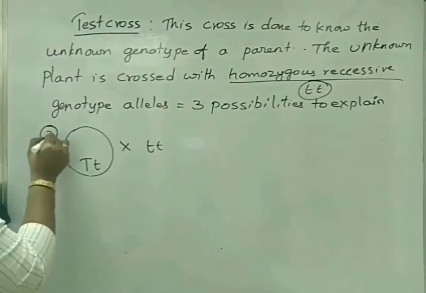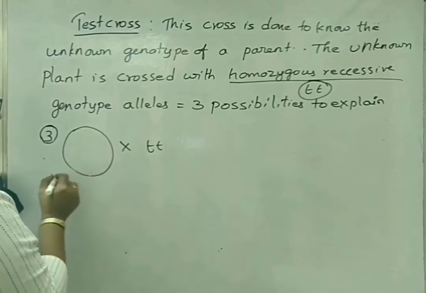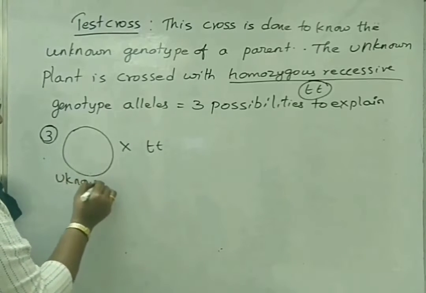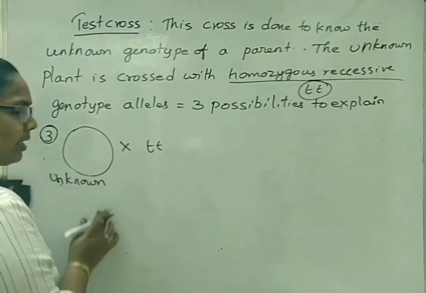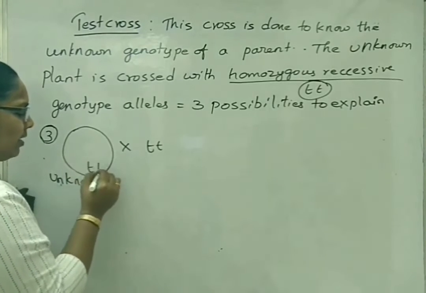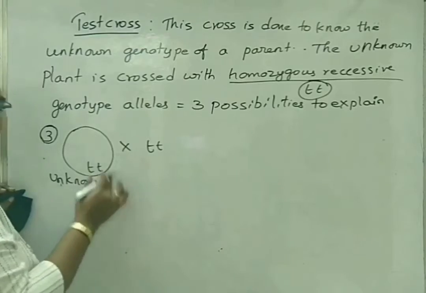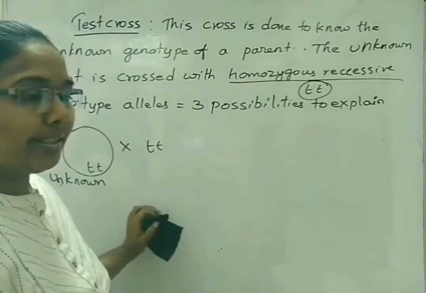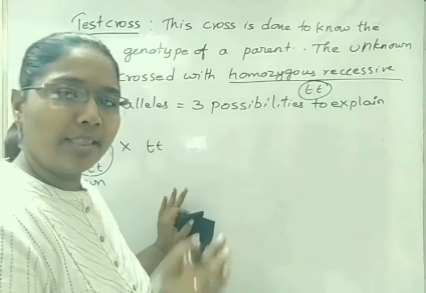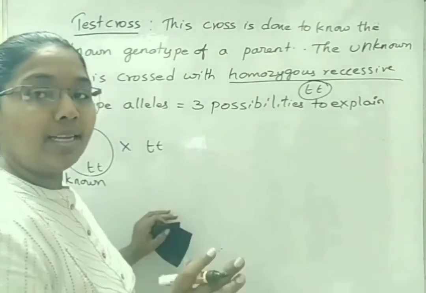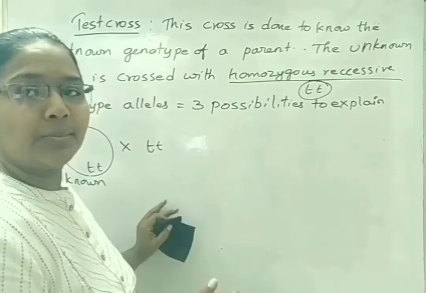The third type of cross is again unknown. Suppose, think that this unknown has the alleles like this, but we don't know exactly. After crossing and after seeing the F1 generation, based on the phenotypic characters of the F1 generation, we will understand or analyze what type of unknown genotype it might be.